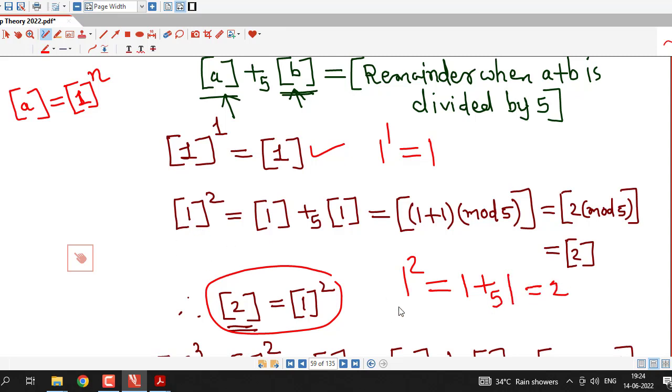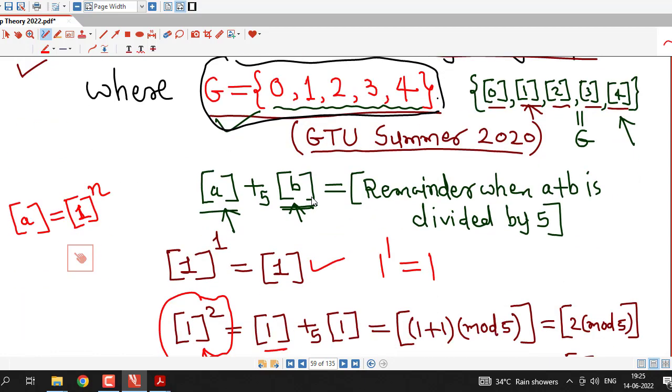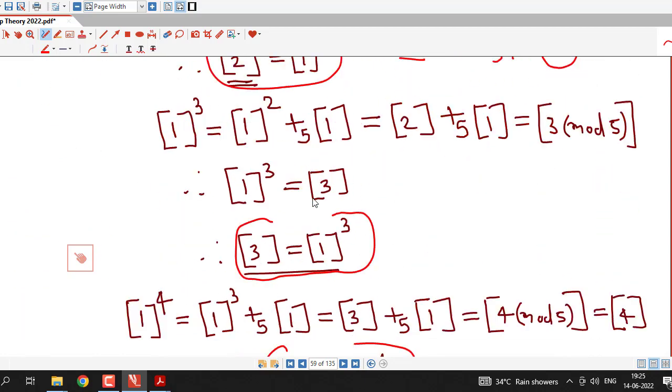But be sure that whenever I am writing this, I must have in my mind that this is not a power of the integer 1, it is the equivalence class generated by 1. So be careful and don't confuse these two notations. If they are writing equivalence classes here, then you should write equivalence classes only.